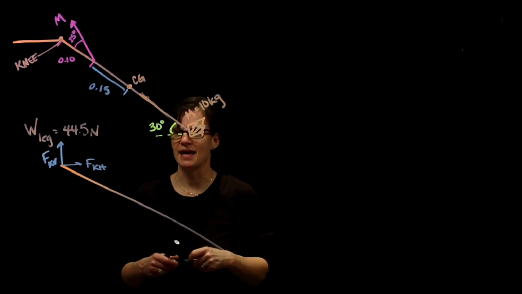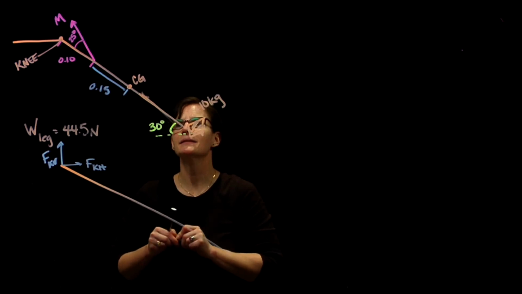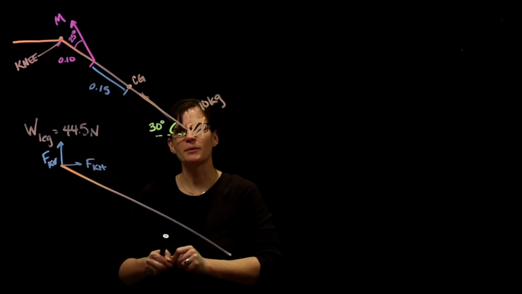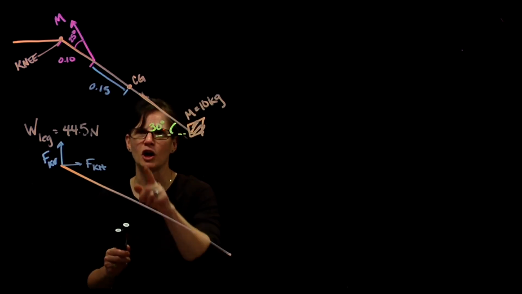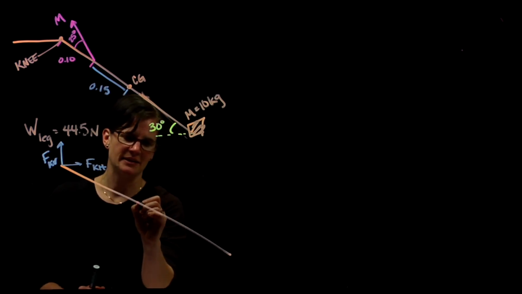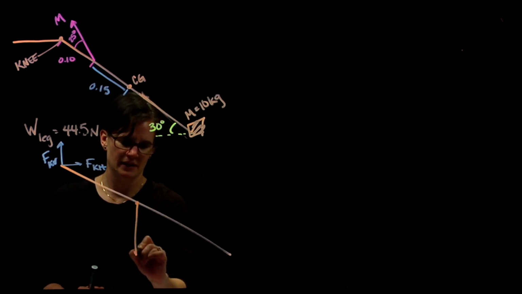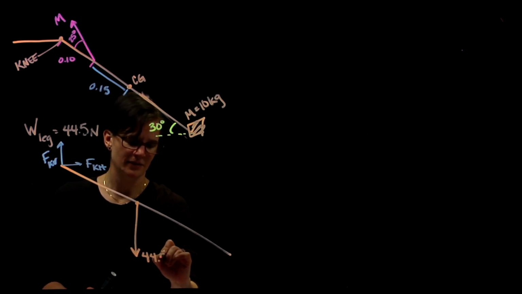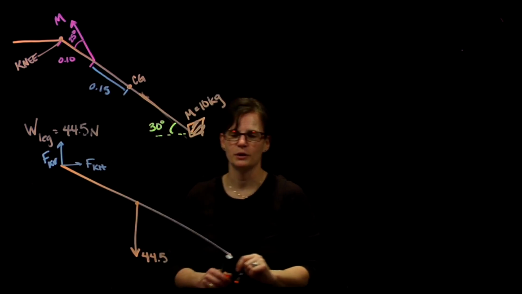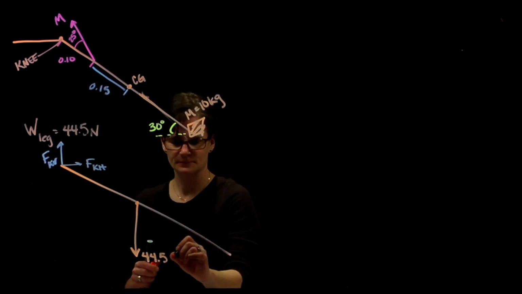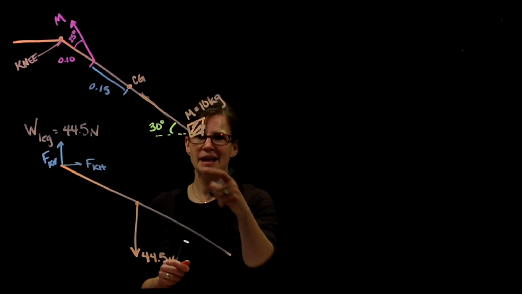Let's look at then the next force. All right. Well, I have the force of gravity acting on the knee. It acts at the center of gravity. So that's the weight of my leg, and we're given that weight of 44.5 newtons. I also have this mass hanging out here at the end.